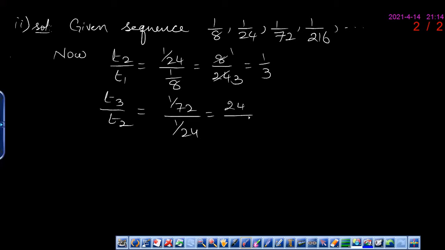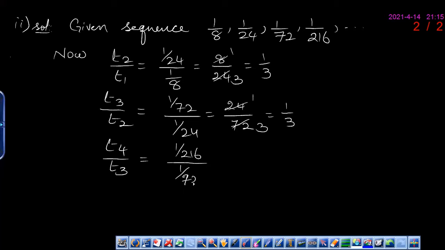When you do the reciprocal, you get 24 upon 72, which is 1 by 3. What is T4 by T3? 1 by 216 whole by 1 by 72, which is 72 by 216, that is 1 by 3.